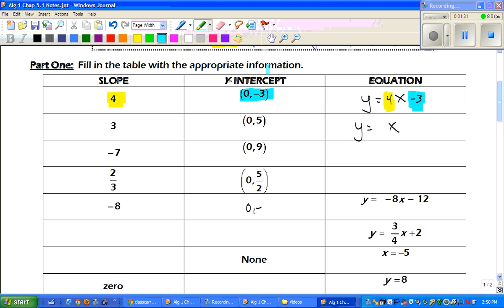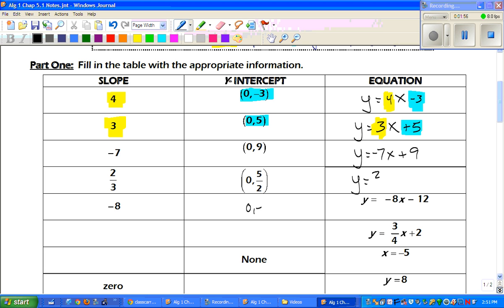And that works every single time. Whatever the y-intercept is, you plug that in. Whatever the slope is, you plug that in as well. And you get y equals 3x plus 5. Okay? For the next one, y equals, our slope is negative 7, so negative 7x plus 9.